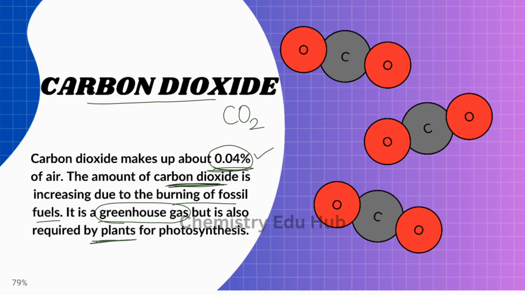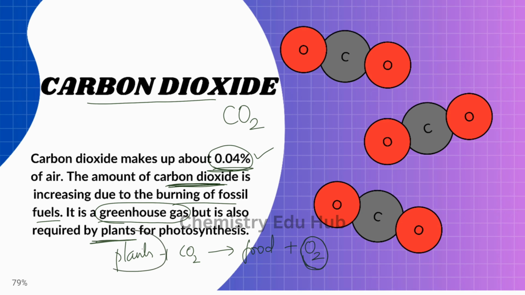Now what do plants do? Plants take up carbon dioxide gas and they produce food in the form of leafy vegetables, fruits, etc., and they produce oxygen outside. Whatever oxygen the plants produce will be mixed in the atmosphere and we are able to breathe with it.